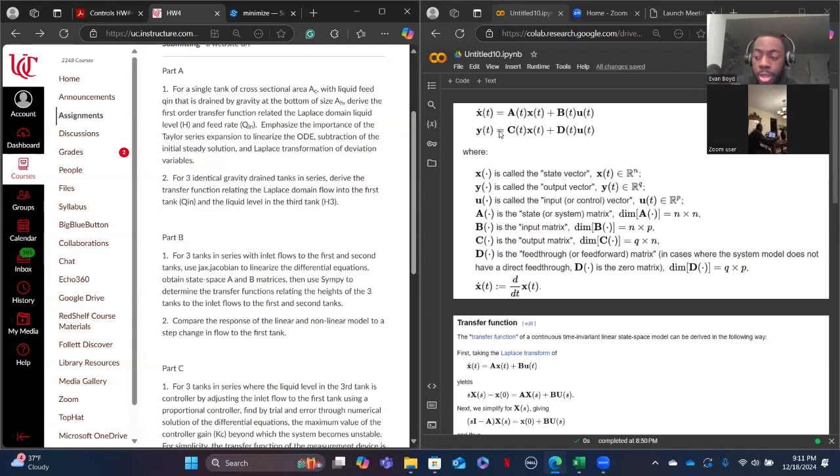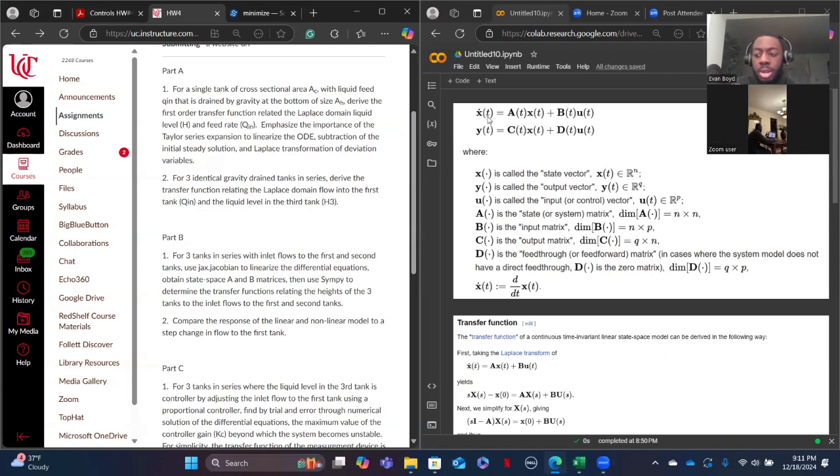The components and equations that we'll be using for our matrices are the ones right here. We're not using y today. These 2 equations are the key equations for the state space.